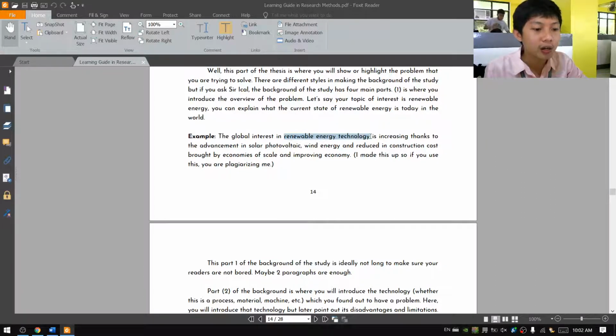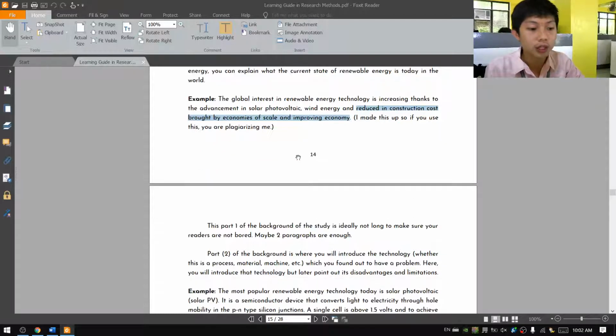When I use renewable energy technology here, it implies that my topic is all about renewable energy technology. I also included some examples like solar photovoltaic and wind.